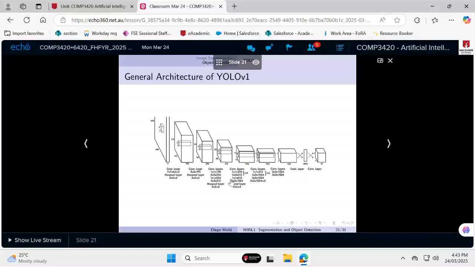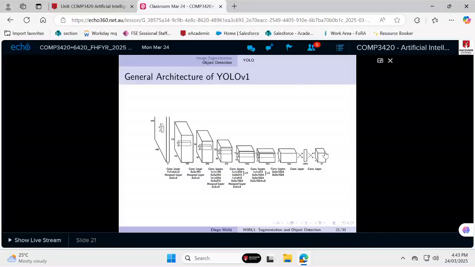You have all these convolutional layers, with max pool layers every now and then. And then you have some final hidden layers, and then the final head layer, which is going to classify the objects.